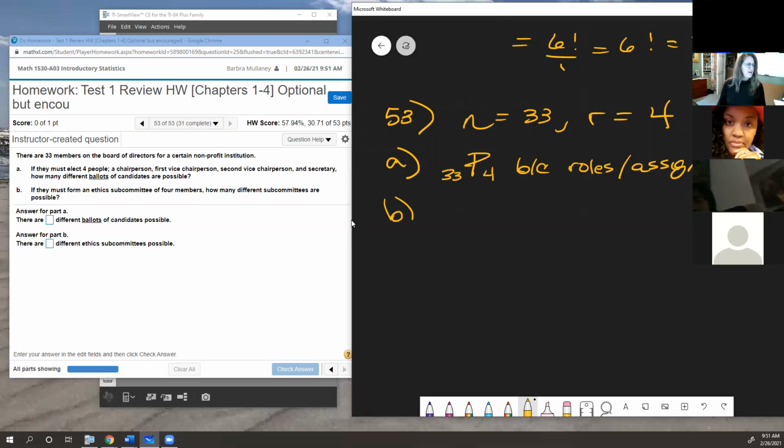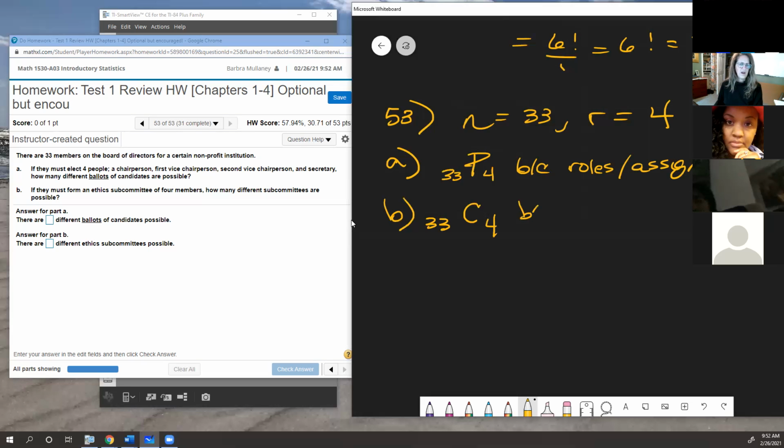And then B says if they must form an ethics subcommittee of 4 members, how many different subcommittees are possible? So this is not a permutation, but a combination of 33 members of the board taken 4 at a time.